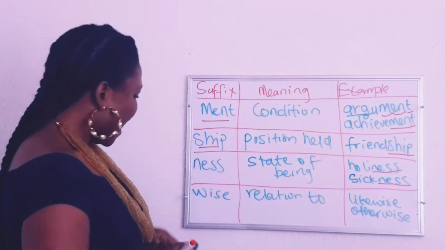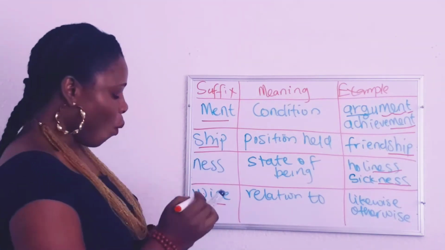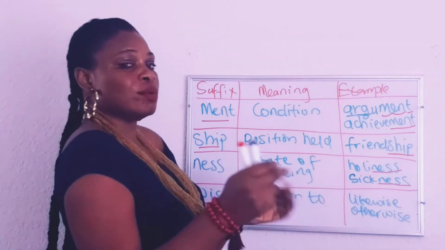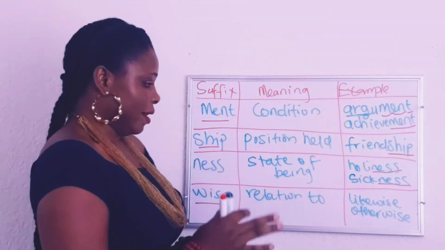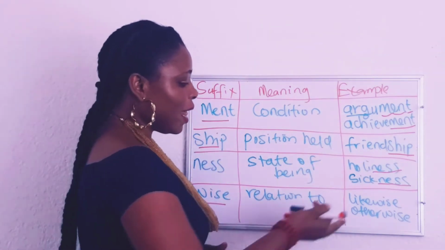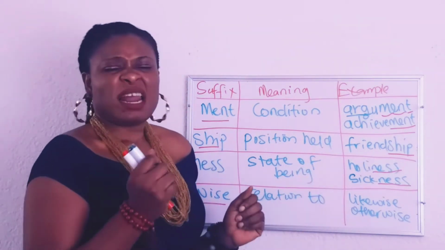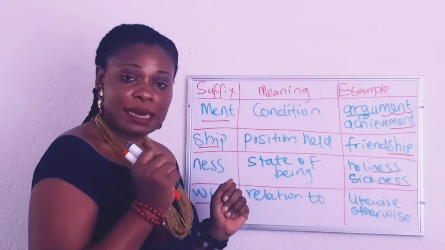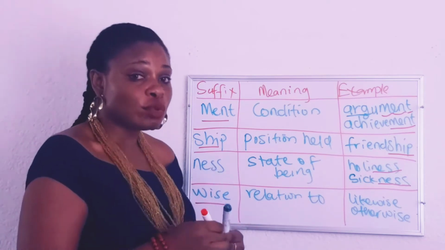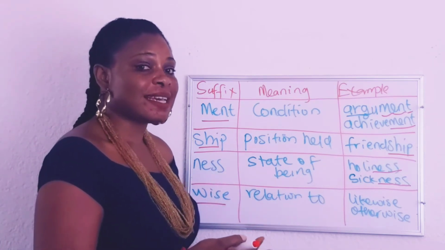Good. And the last one I have is what? Wise. This means relation to something. And here I have an example, likewise. Likewise means likewise. So here, of course, now you can be able to tell what the suffix here is. Exactly.